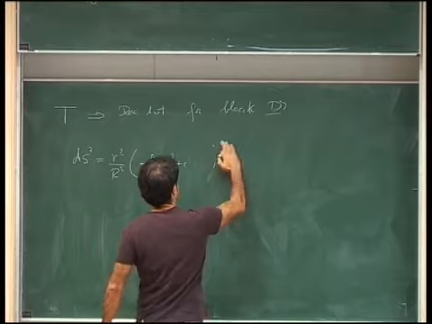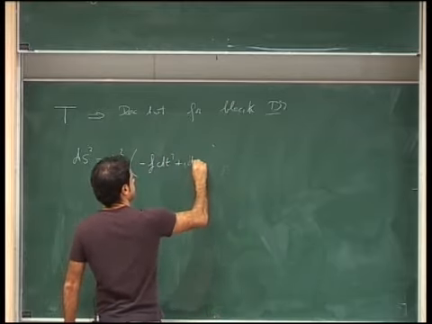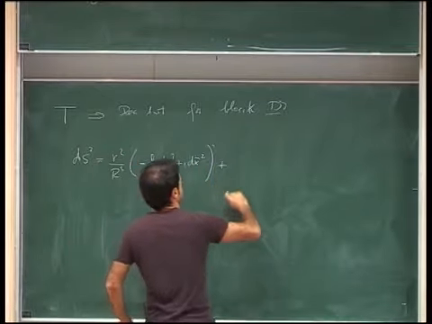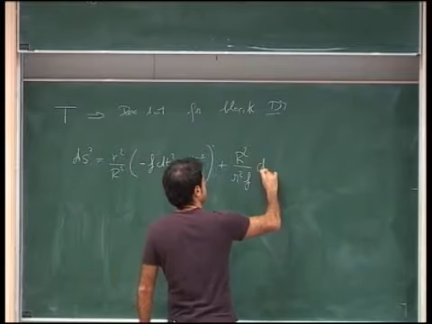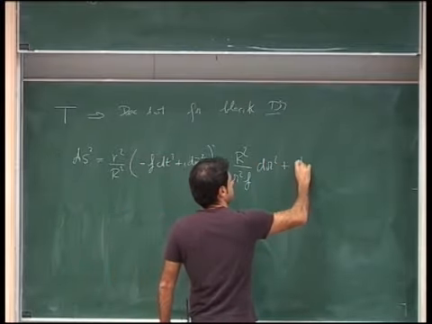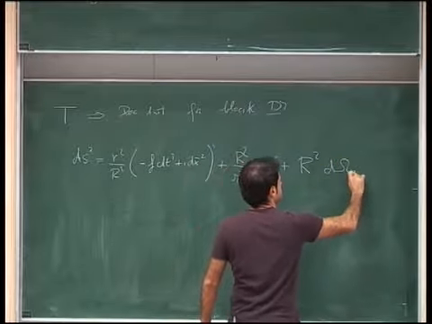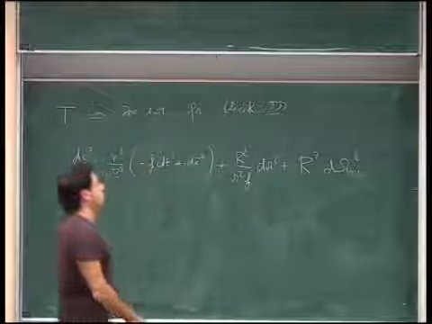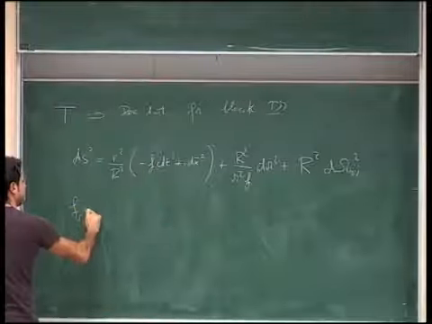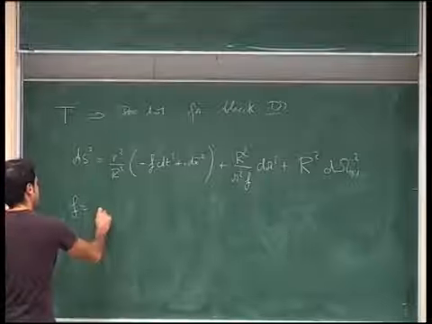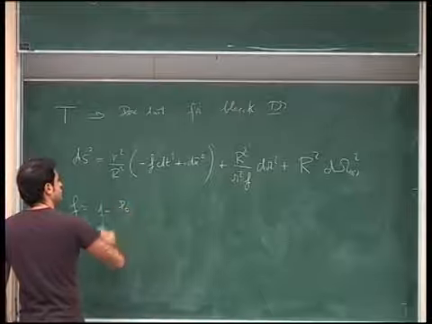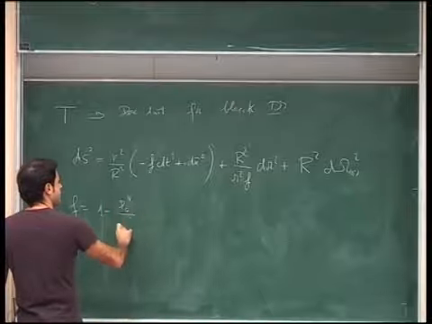Actually, I want to write down this explicitly. Well, this is good enough. OK, where f is the new function that appears in this metric, which is given by 1 minus some parameter r_0 to the fourth divided by r to the fourth.